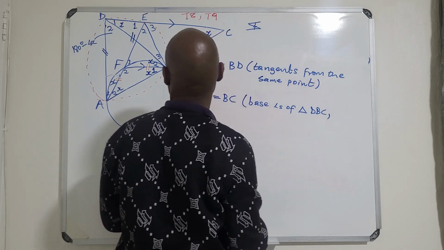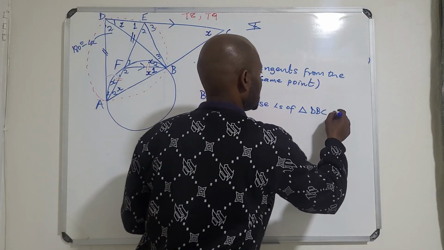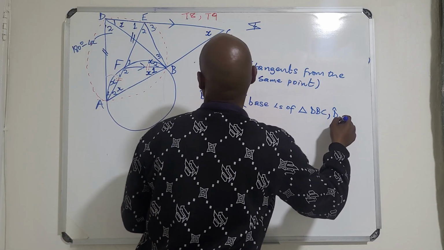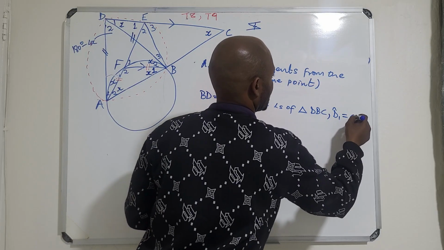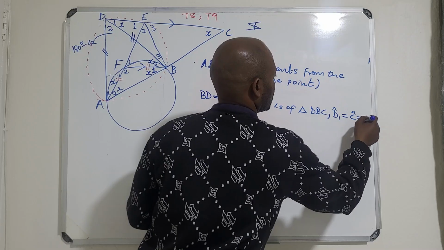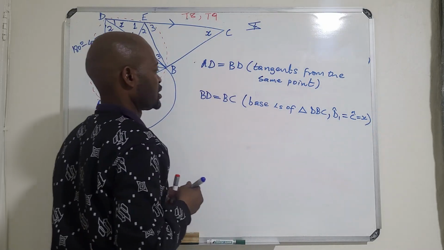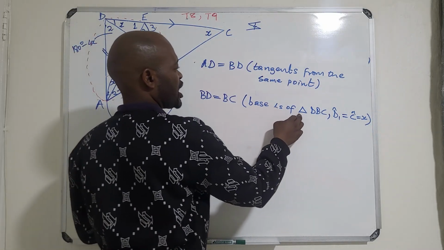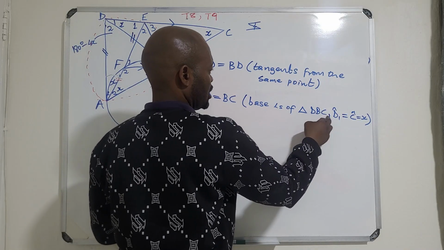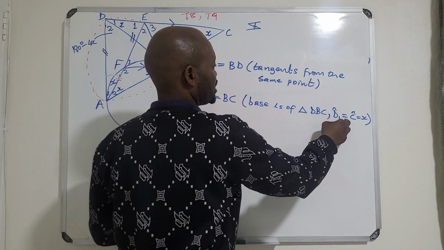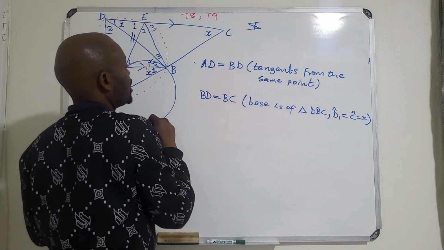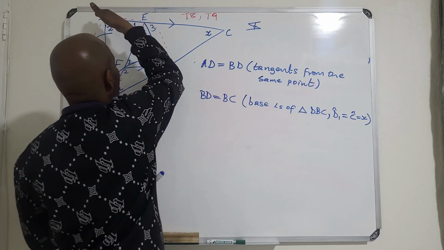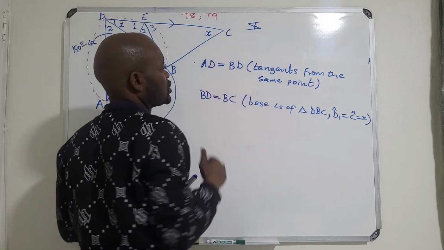Why are they base angles? Because angle D1 is equal to angle C, which is equal to x. Base angles of triangle BCD: D1 is equal to angle C. This angle is equal to that angle. That is why we say that this line is equal to that line.